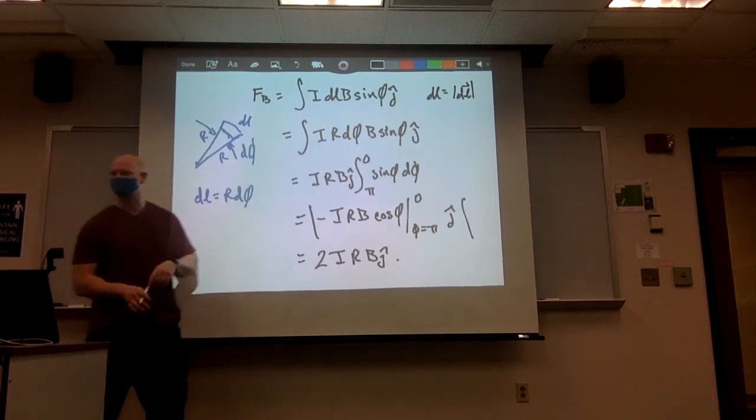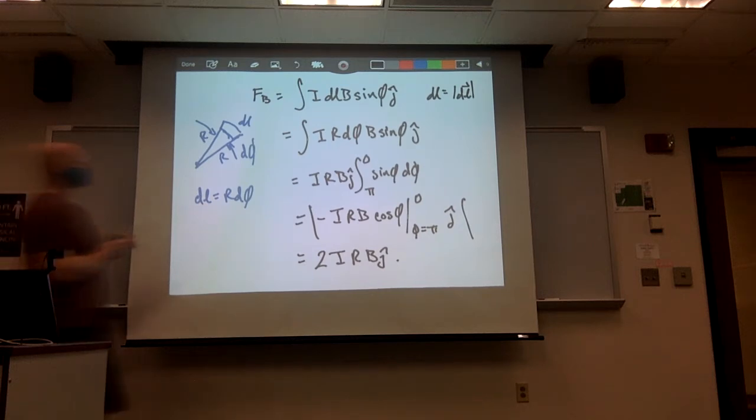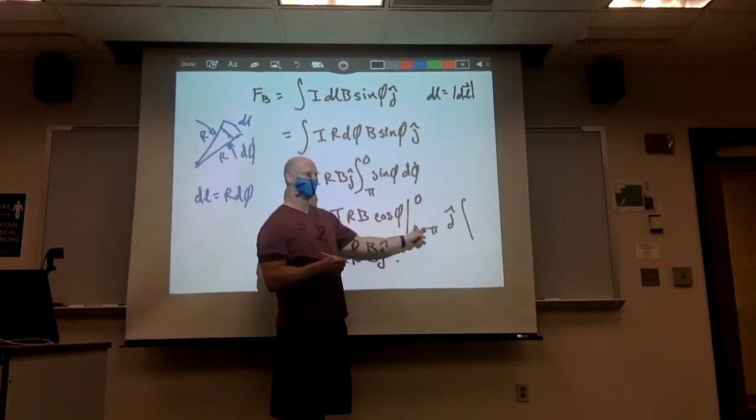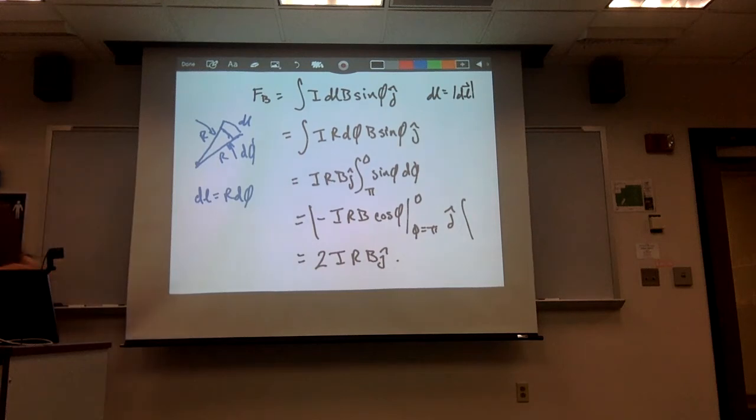It points in the positive y direction. Right, so when I put this in here, I get a cosine of 0, which is 1, minus a minus 1, which is then 2, so that's where this portion comes from. So this is our overall net force on this wire.